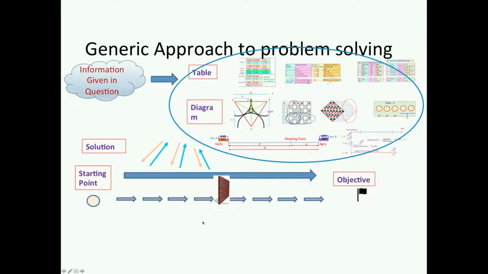When I say hurdle, it could be anywhere in this journey. And this hurdle will be such that all the information that is given to you is not helpful in progressing further. That's what this brick wall means. You've used all this information, but you're not able to move forward to answer the question.